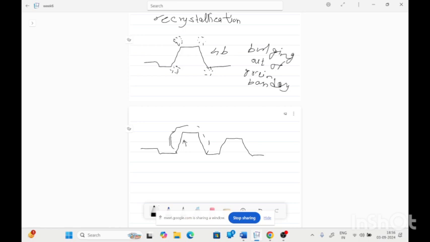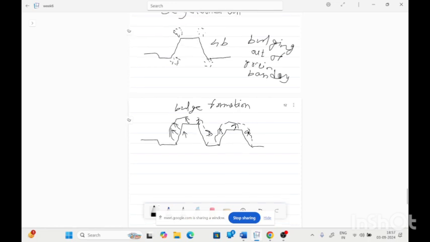Initial shape was this, and the final they will start moving out. So this means bulge formation. For these grains also the bulge starts to form and grow outward. So in these two grains we can distinguish how subgrain boundaries are formed.